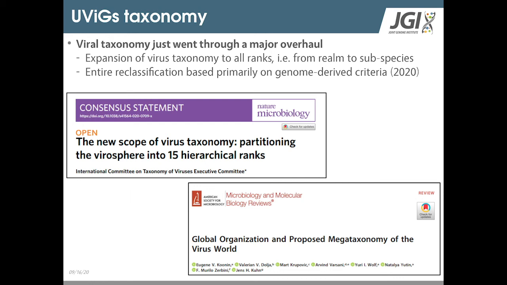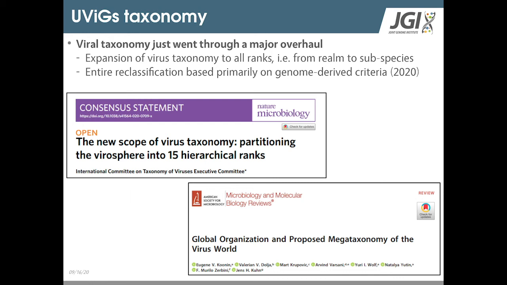Virus taxonomy historically has been based more on biophysical properties, like the shape of the virus, how it infected the host and what it was actually doing to the host cell, which are interesting properties, but first, they are not necessarily a good reflection of evolutionary history, and second, it's impossible to get these properties if you don't have the virus in culture.